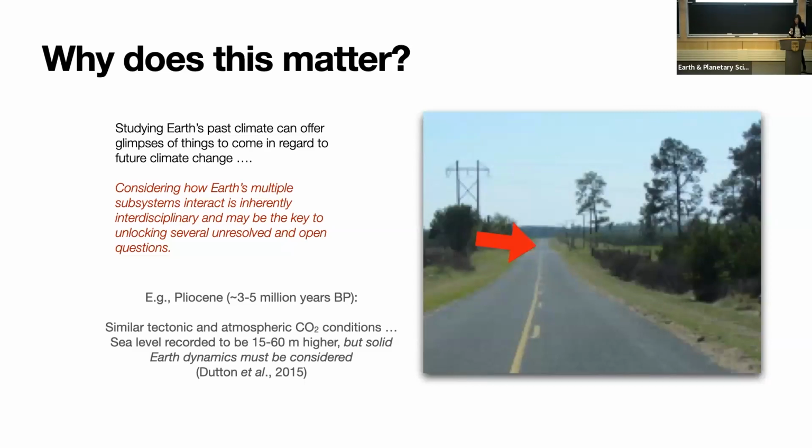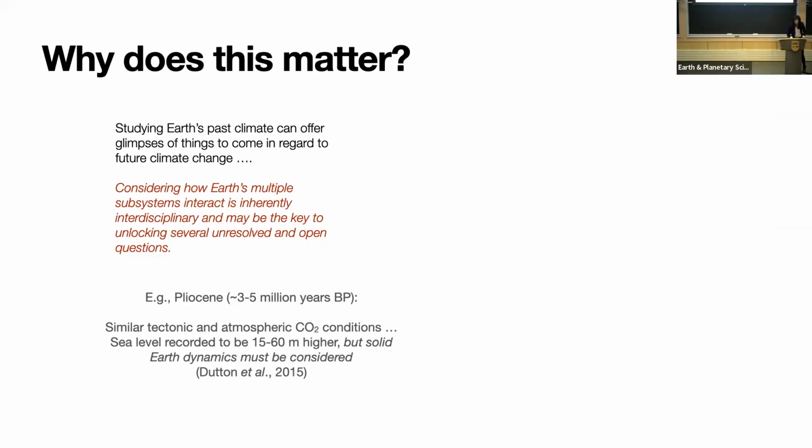And as someone who doesn't do field geology, this really doesn't inspire me to do field geology. And so I actually use this to inspire geologists to turn to the dark side and to the modeling and the theory side of things. But in this talk, I'm going to discuss another example of these kinds of interactions.